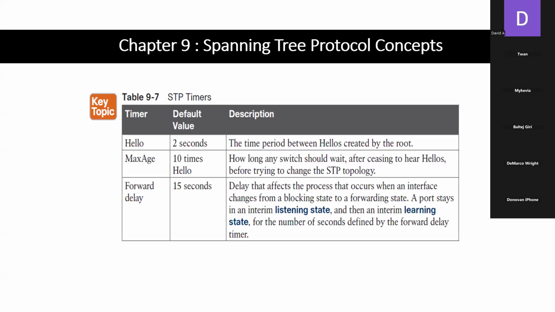It's exactly what you think. If the switch doesn't get an expected hello BPDU within the max age time, the switch is then going to react by taking the next steps to change the spanning tree topology.